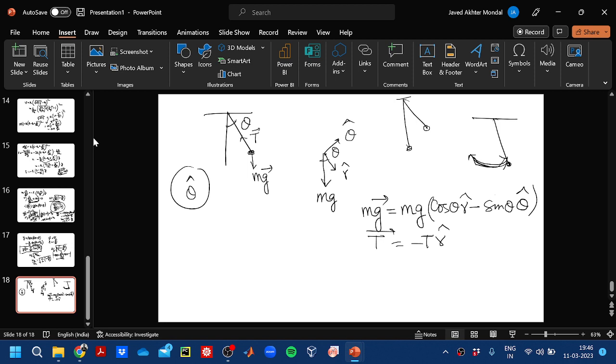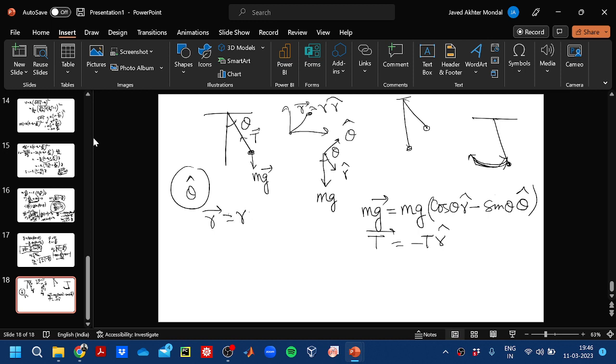Then in polar coordinates, how does the force equation look? Suppose we have a polar coordinate system, and this is the position. Then this position we can write as r times r cap.